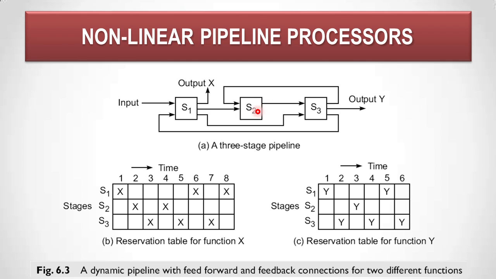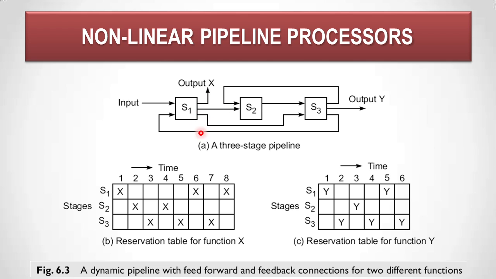From S2 we have an output to S3, and from S3 there is a feedback connection. Similarly, from S1 we also have a feed forward connection, and from S3 we have feedback connections. These feed forward and feedback connections are needed for dynamic connections.